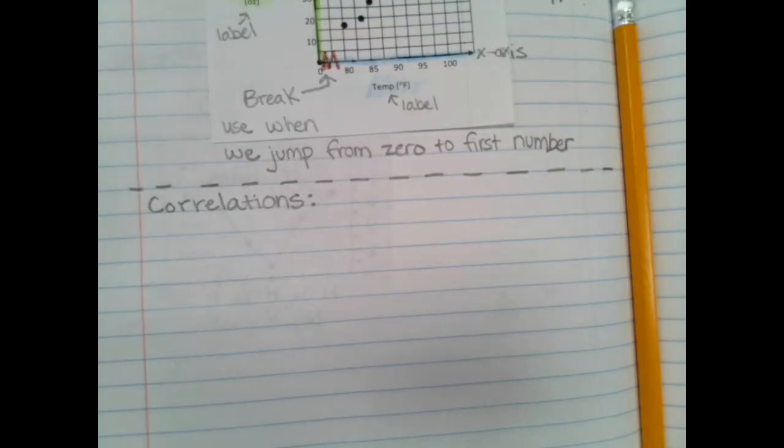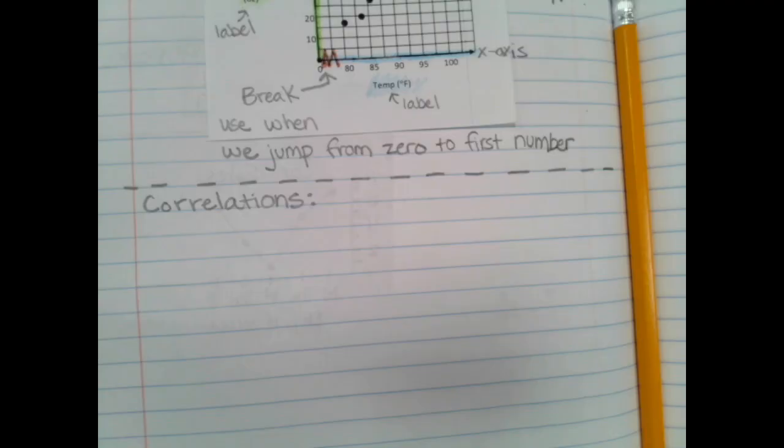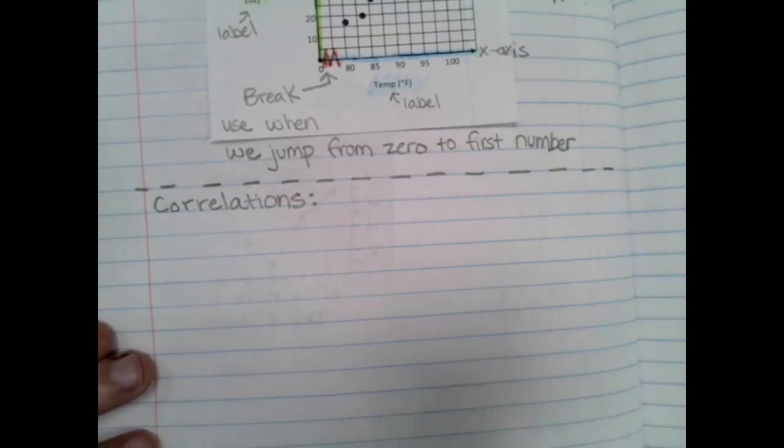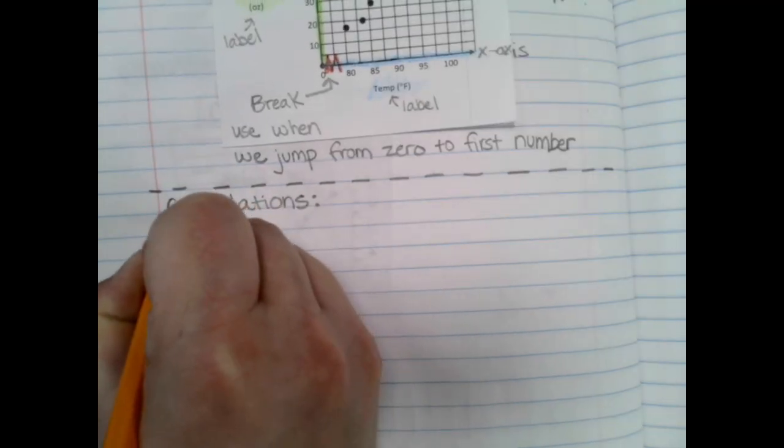Correlations. So when we look at that word correlations, what's the prefix to the word? How does that word start? It actually starts with this co. It's a little goofy.